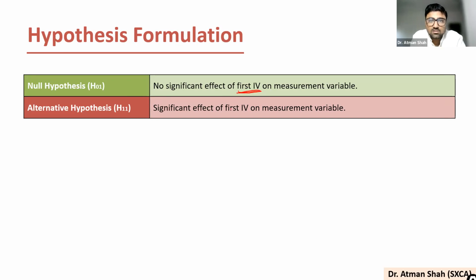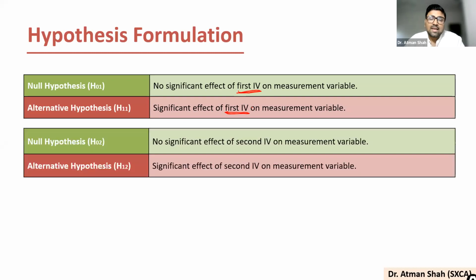And the alternative hypothesis, a significant effect of the first independent variable on the measurement variable. Right? Second set, no significant effect of the second independent variable on the measurement variable. And the alternative hypothesis says that we have the effect of the second independent variable on the measurement variable.